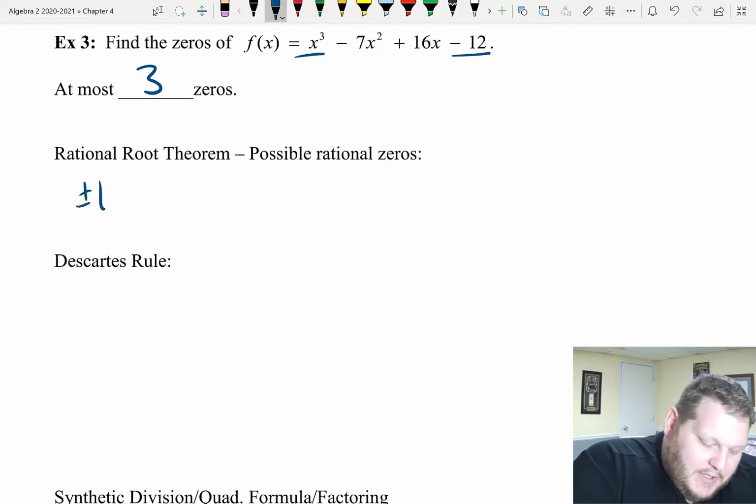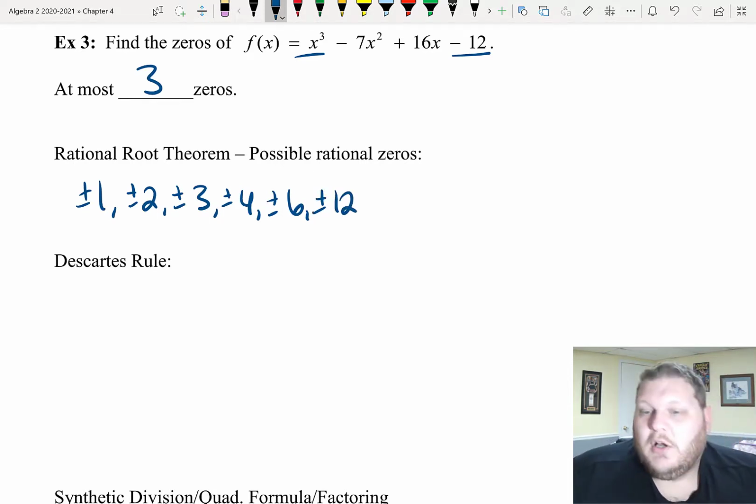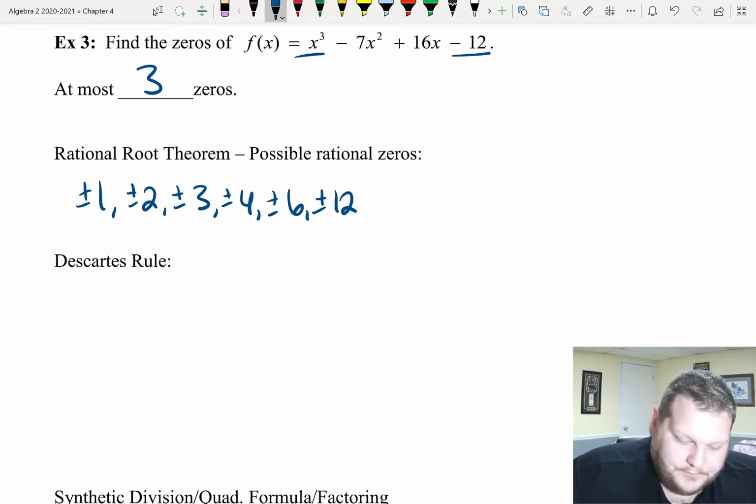So we've got plus or minus 1, plus or minus 2, plus or minus 3, plus or minus 4, plus or minus 6, and plus or minus 12. So 1, 2, 3, 4, 5, 6. We've got 12 different possibilities for possible roots.